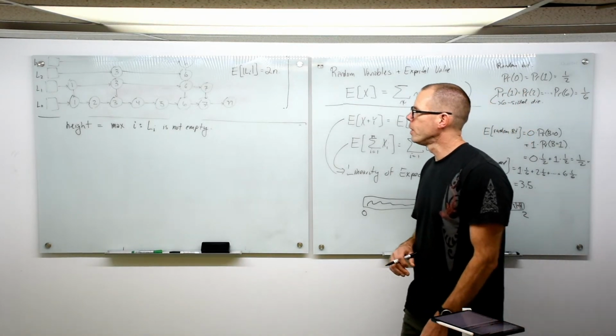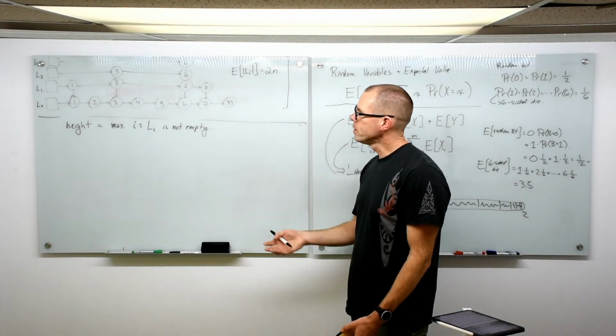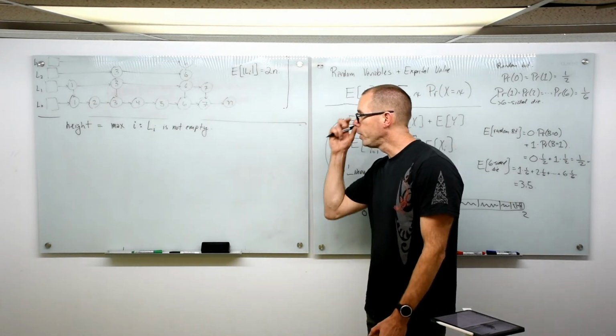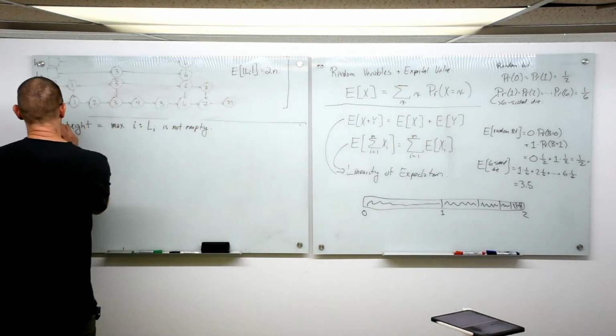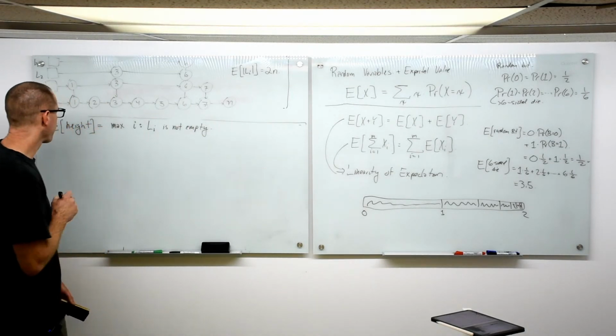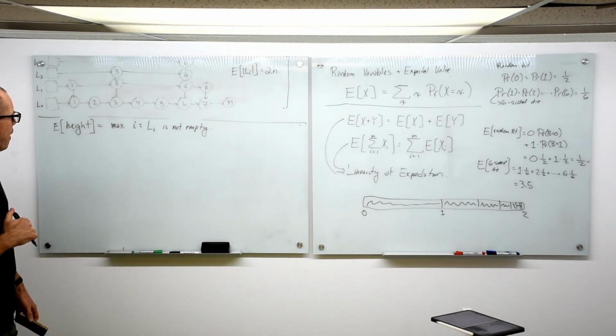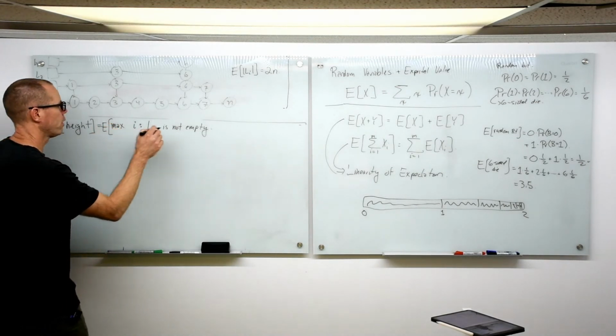And of course, the height is a random variable. It depends on the coin tosses. So it's a random variable, and we can ask for its expected value.